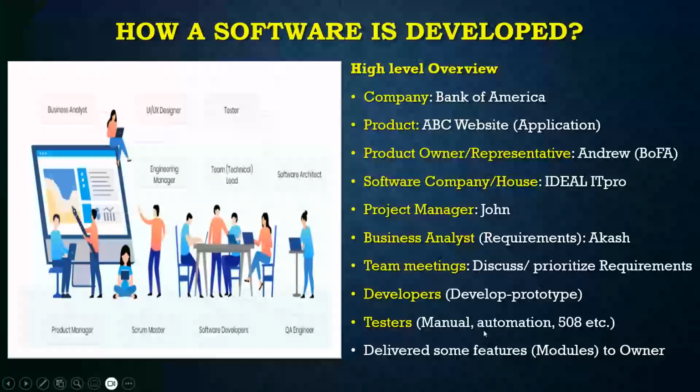Let's say you are hired as an automation tester, you will automate the process using different tools. Let's say they do not ask you to do manual or automation testing, they just ask you to do 5-way testing. So 5-way testing is nothing but accessibility testing. I will explain what exactly we do in 5-way testing in our 5-way testing discussion.